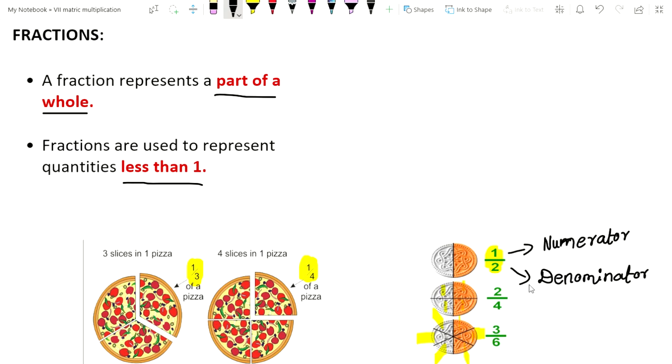Below the fraction bar is called the denominator. Denominator means the total number of equal parts. Numerator means the number of equal parts which have been taken.